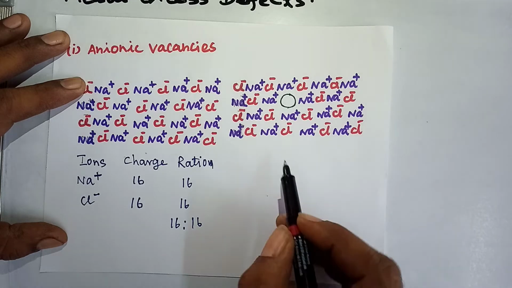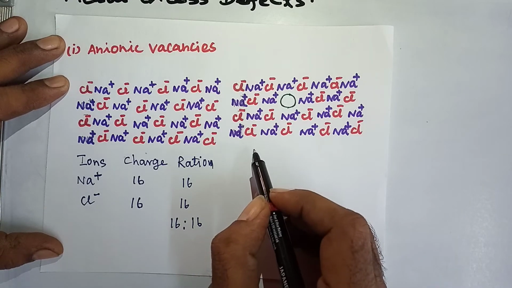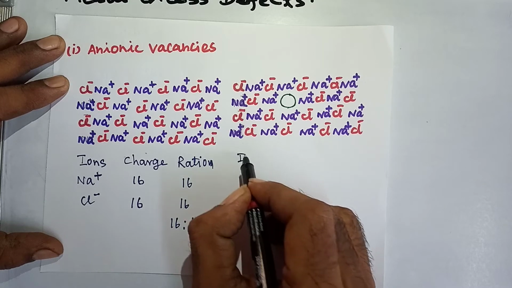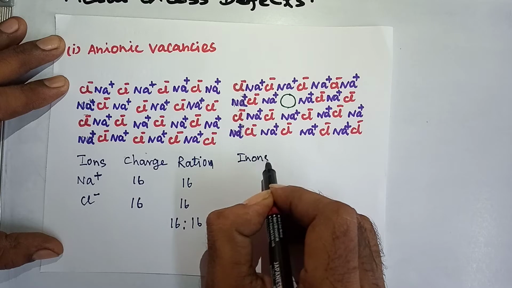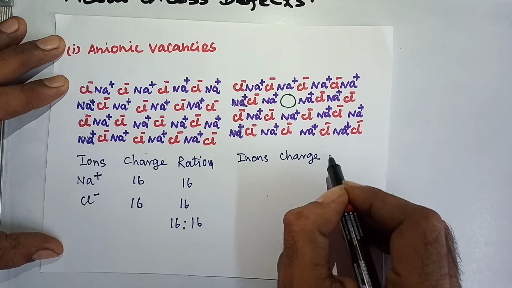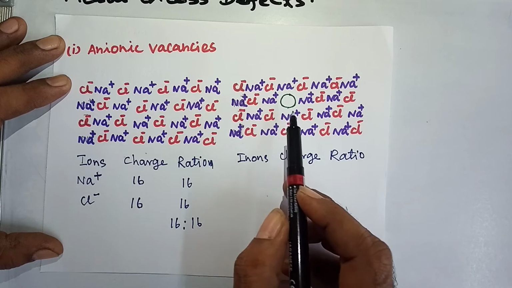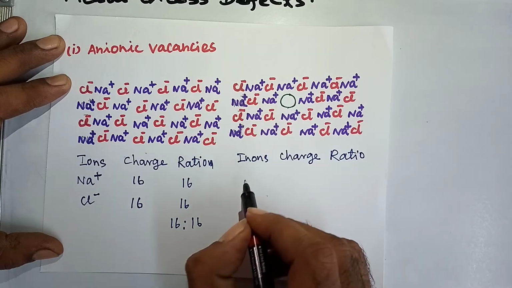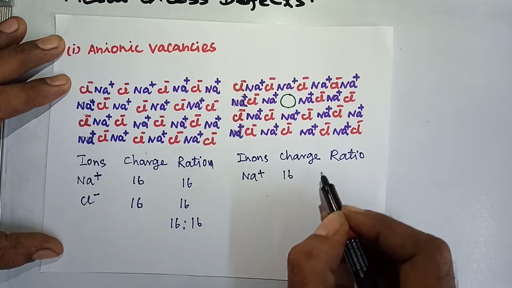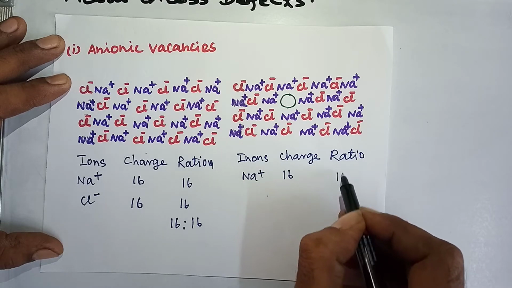Now calculate the number of ions, charge, and the ratio of cation to anion. The number of sodium ions, Na plus, is 16.